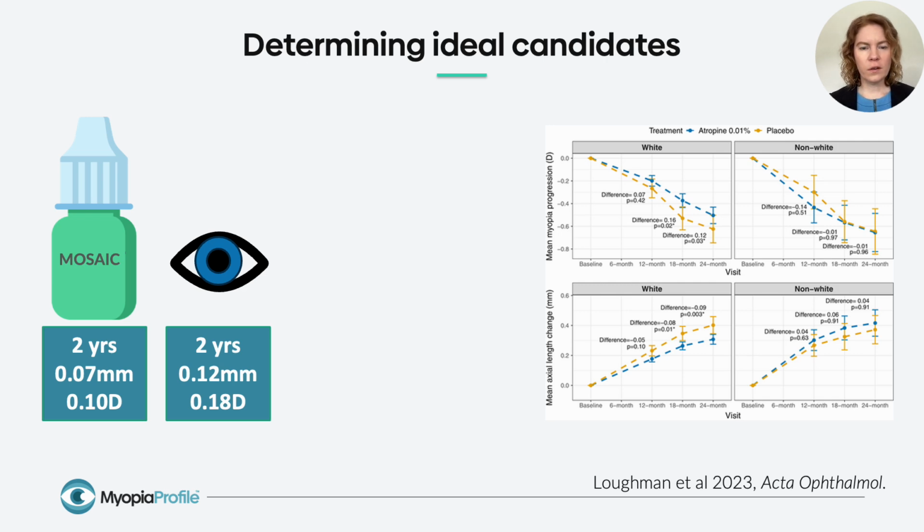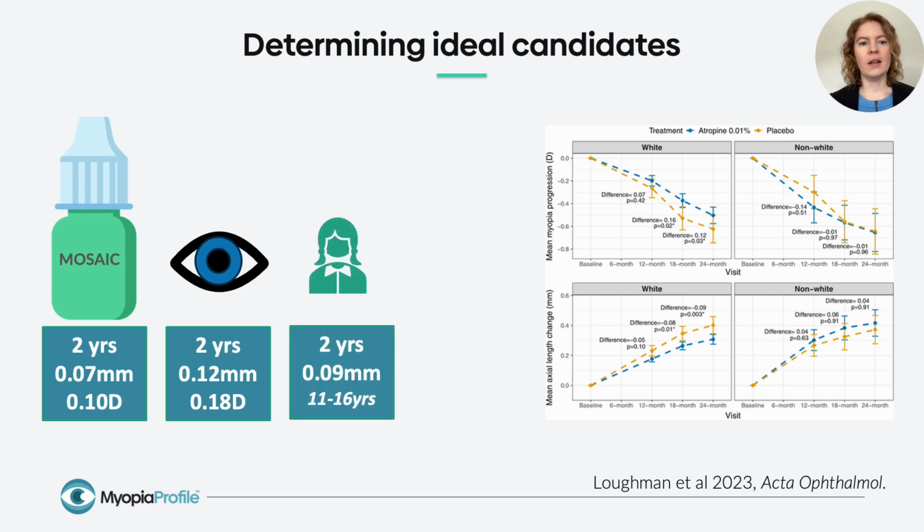Now, this study also delved further and found that in children who were aged 11 to 16 in their study, there was also a fairly impressive and significant effect over 2 years. Still maybe not as much as what we'd seen in those optical treatments, but again, we're not comparing those directly.